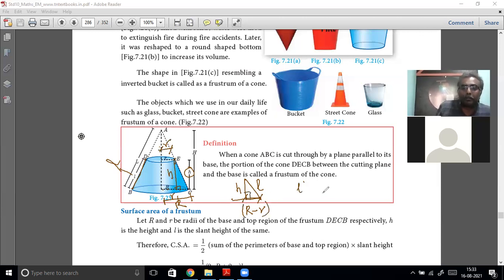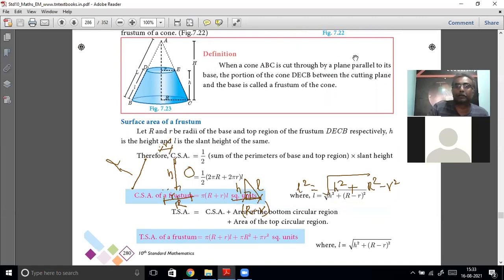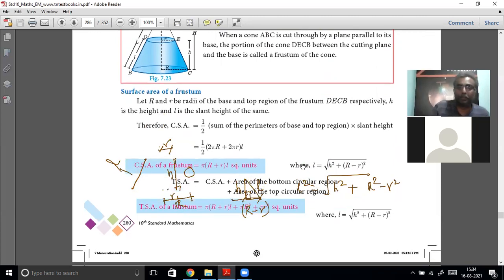Now this is a right angle triangle, so L squared is equal to H squared plus (big R minus small r) squared. This is the formula you are getting.